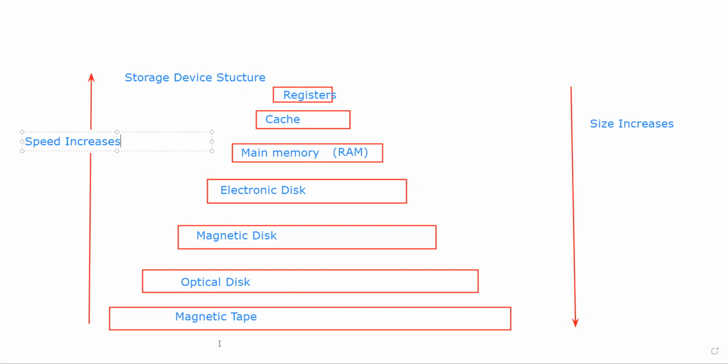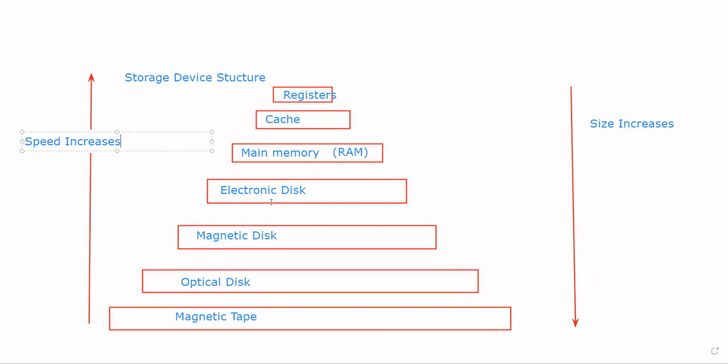And what about the cost of these things? Which will be the expensive ones? The registers and cache are more expensive compared to the bottom things. Registers are more expensive than the cache. Cache is more expensive than the main memory or the RAM. Then RAM is more expensive than the electronic disks.